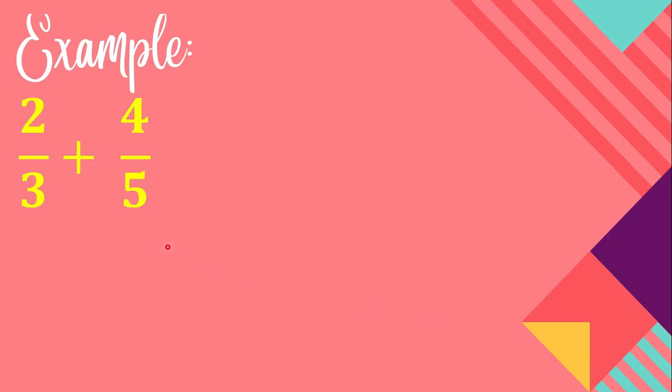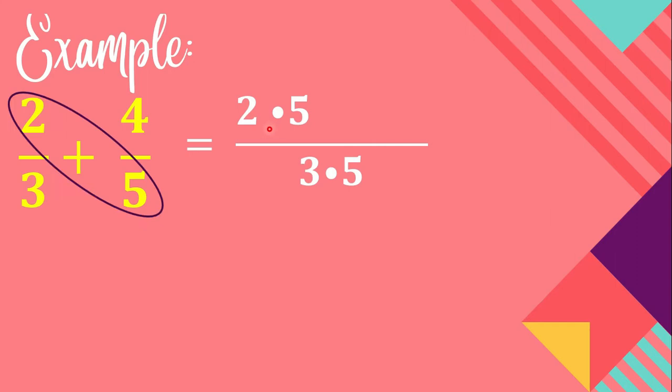Example, 2 over 3 plus 4 over 5. That will be equal to, multiply your denominators, you have 3 times 5, and then for your numerator, just multiply 2 times 5, so that will be diagonal. As you can see, we have a cross multiplication this time, and then plus 4 times 3, same with numerator and then denominator.